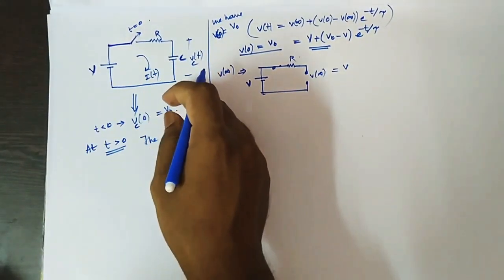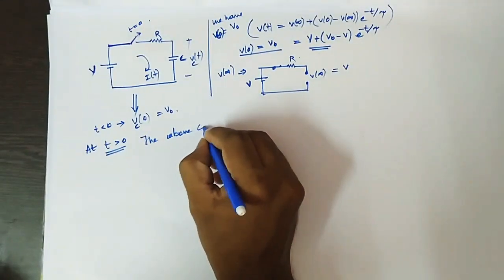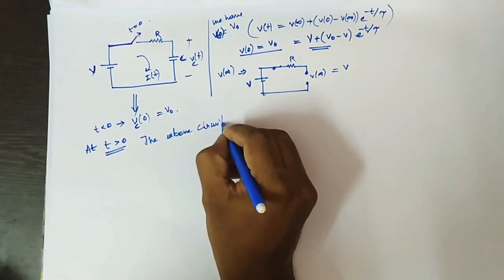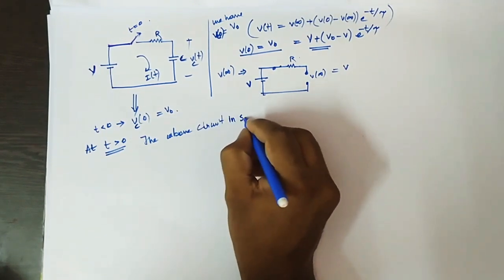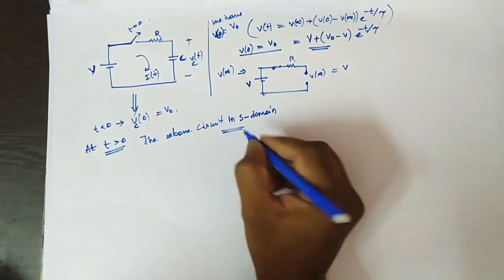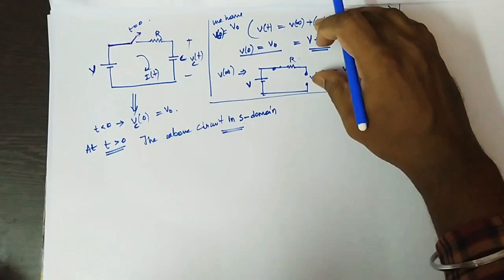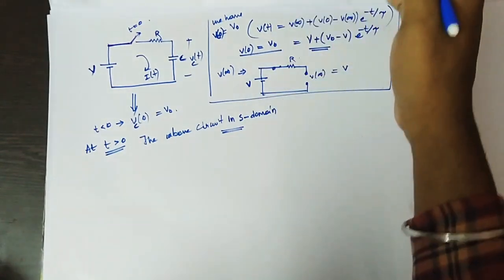At t greater than 0, only then we should transform this circuit to Laplace. The above circuit in S domain, you need to write all these things. So this is only time domain calculation, just leave that part. We'll see that later.